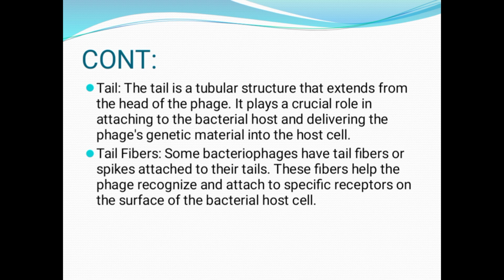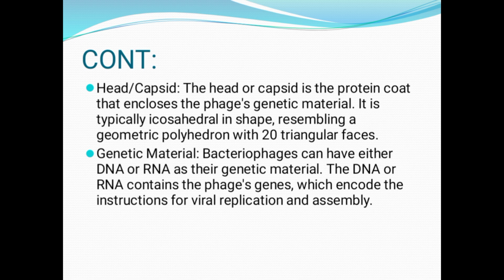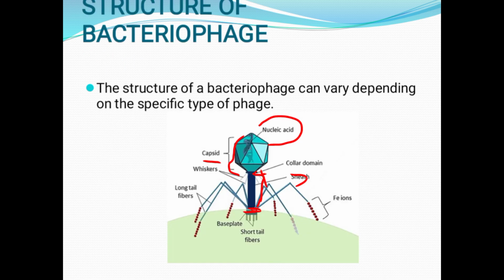From the tail, we also discussed the tail fibers, and I said that the tail fibers are like spikes that are always attached to the tail. If you look at the diagram we observed, you do have these long tail fibers.